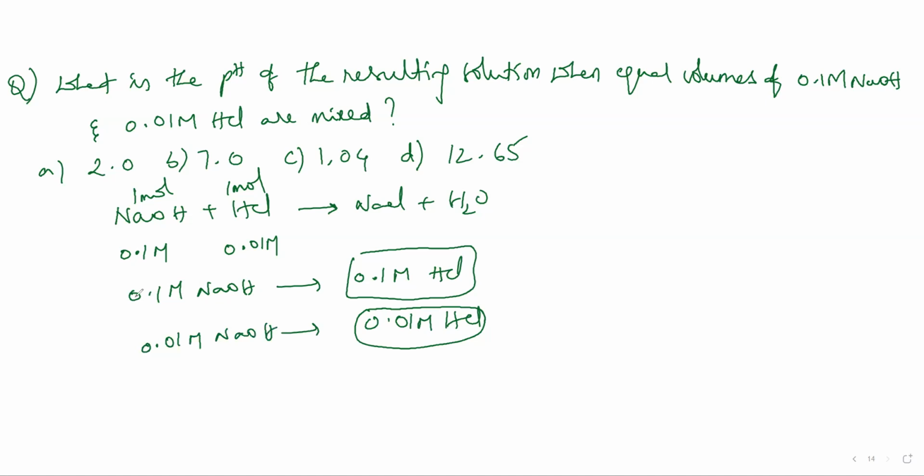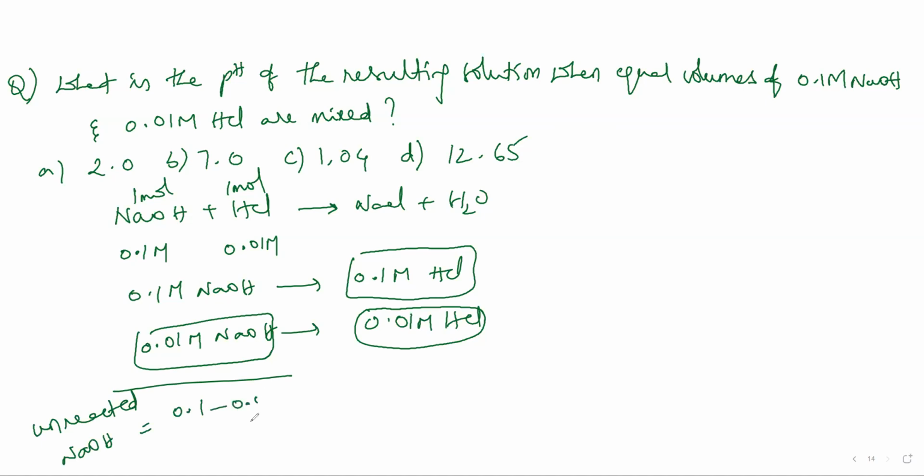So that means the total concentration is actually 0.1 molar NaOH. Out of 0.1 molar, only 0.01 molar NaOH is consumed. Then the unreacted NaOH in the solution will be 0.1 minus 0.01.